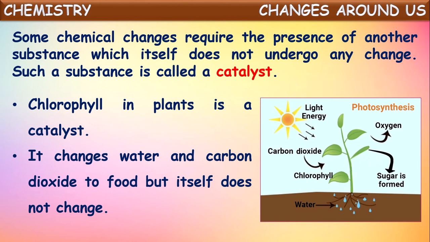This happens only in the presence of chlorophyll, but the chlorophyll will not be changed, it will remain the same. Such substances in the presence of which a change occurs, and which don't get involved in the change, are called catalysts. So in this photosynthesis process, the catalyst is chlorophyll.